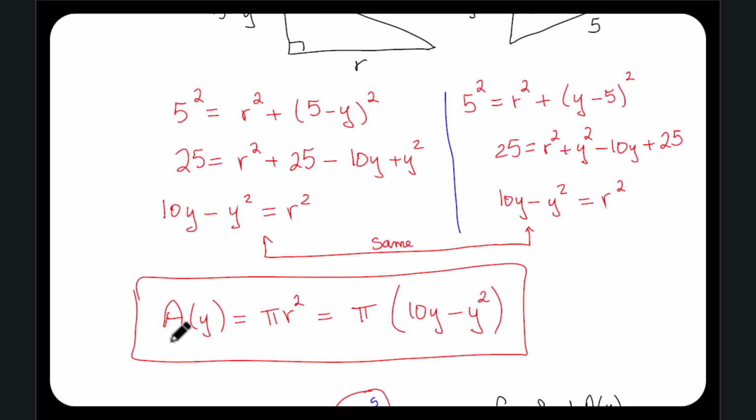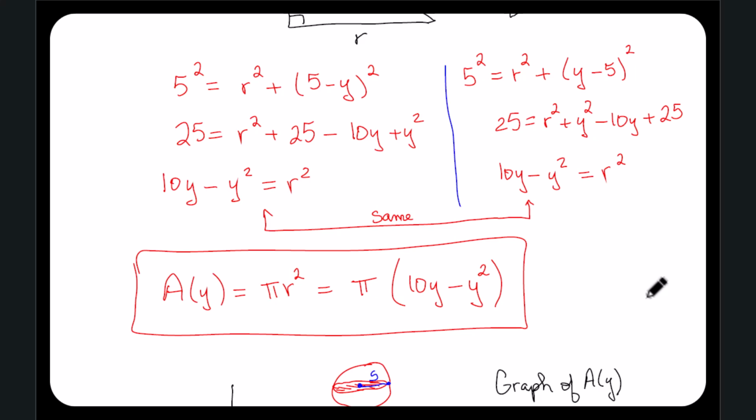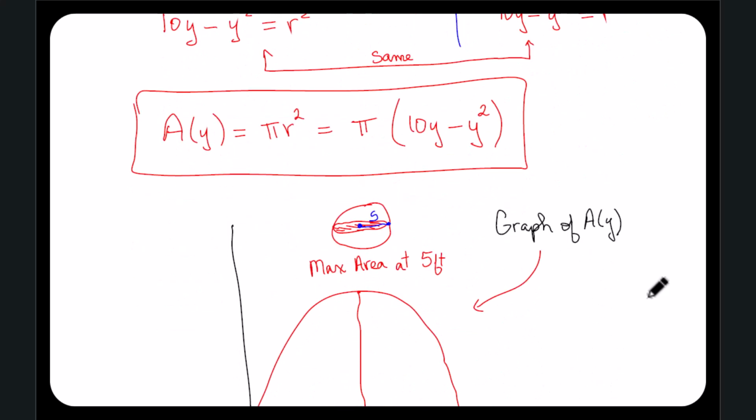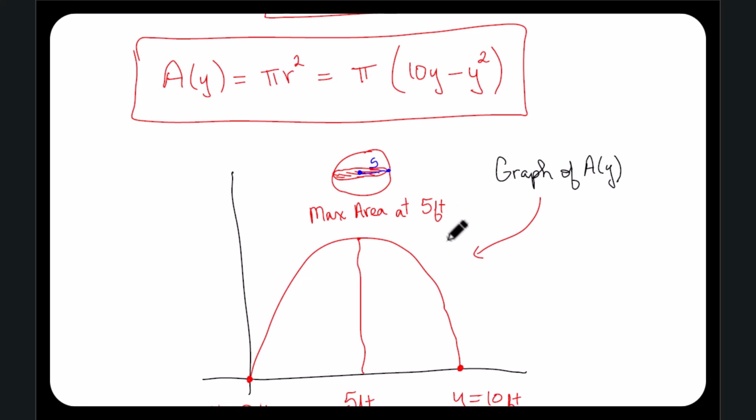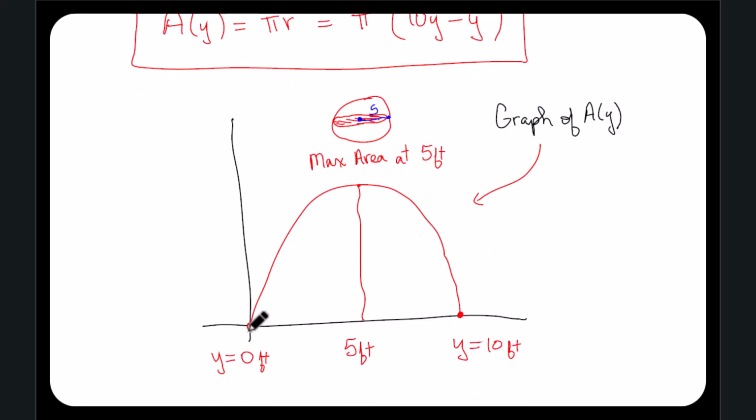All right, so here's my formula for the area. It's pi r squared, and here is my r squared. If you look at this, this is a parabola. It is a flipped over parabola. And so initially, the area is 0.